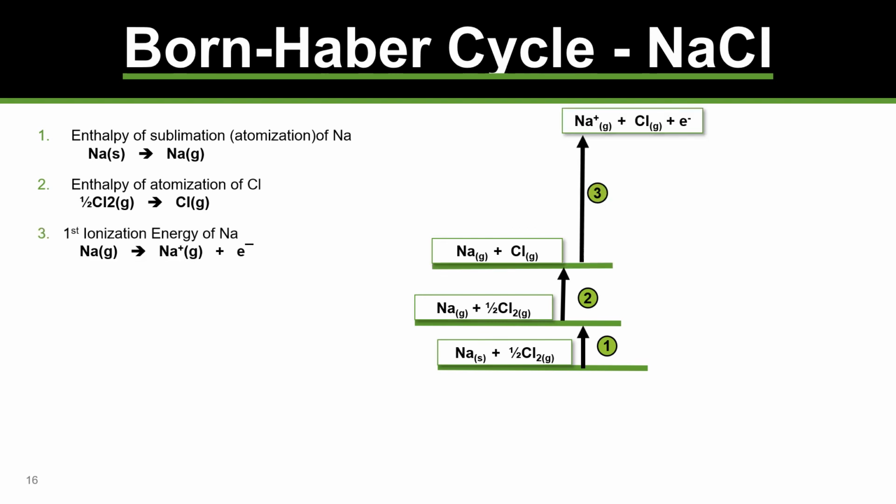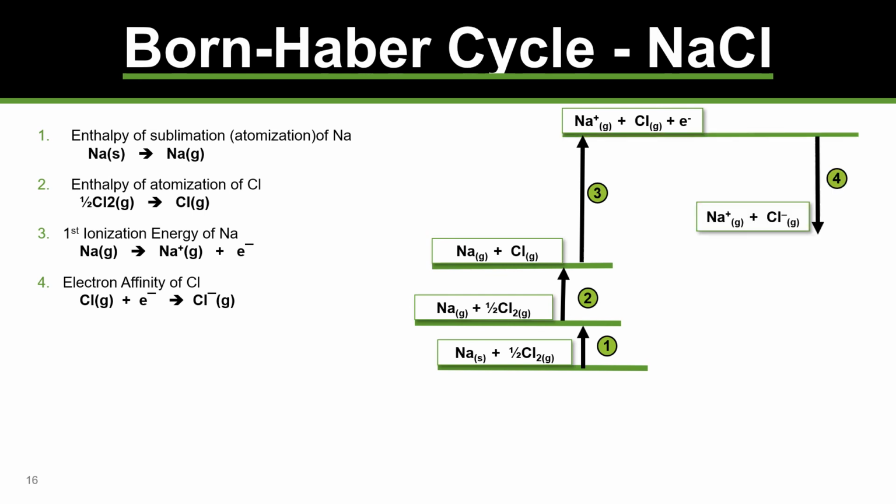The third one in this case is the ionization energy of sodium. In the ionization energy of sodium, we are going to obtain sodium plus, which releases one electron, and the chlorine gas atom is going to stay like that. That chlorine gas atom will absorb that electron by the electron affinity of chlorine, forming the chloride ion.